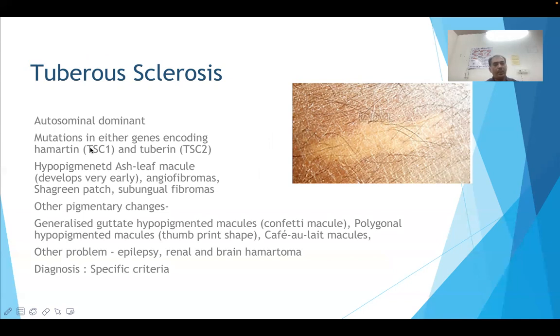It manifests as hypopigmented ash leaf-shaped macules which develop early during life, the angiofibromas, the shagreen patch, and the subungual fibromas.